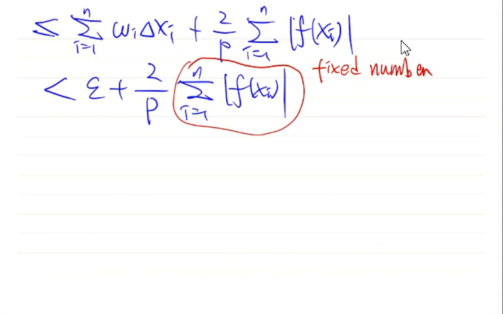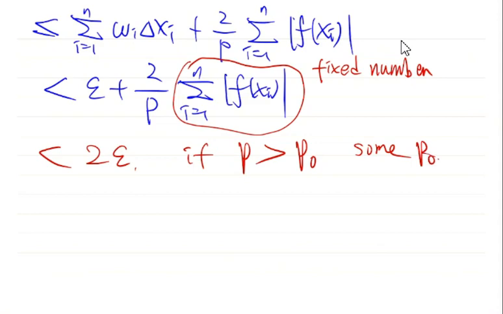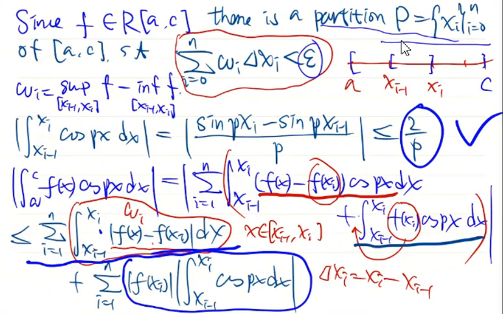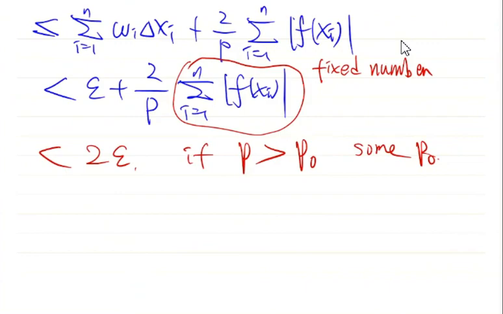But small p can be changed. So this will not be greater than 2 epsilon if p is greater than some p_0. Once small p is large enough, the absolute value of the integral from a to c is less than 2 epsilon.